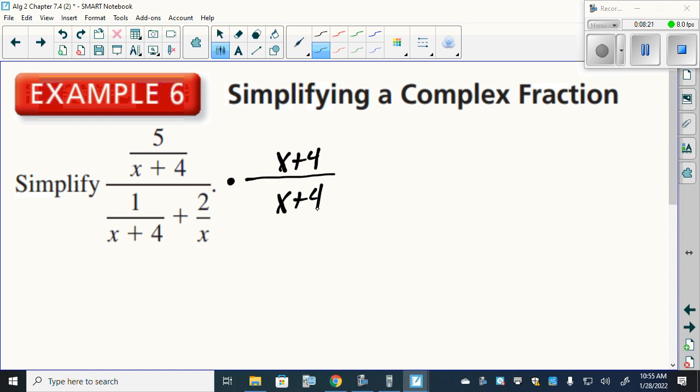But what else would I need? I also need an x, because the single x will take care of the 2 over x. The x plus 4 would take care of the two others, yes? So we can actually use this least common multiple for these three fractions, which is x times x plus 4, to simplify some things.